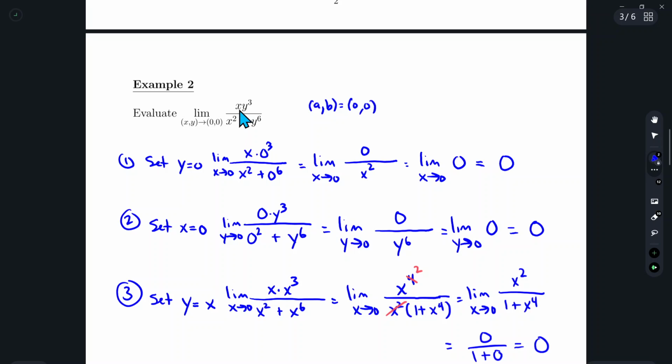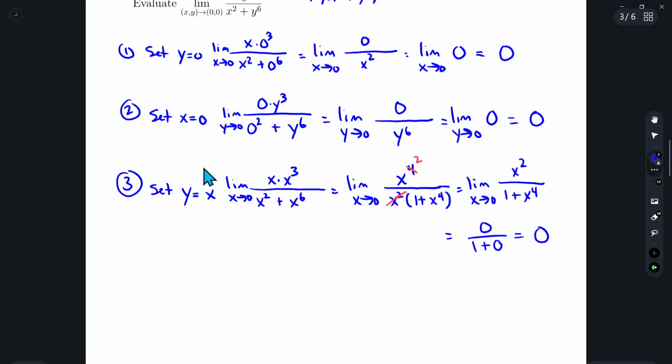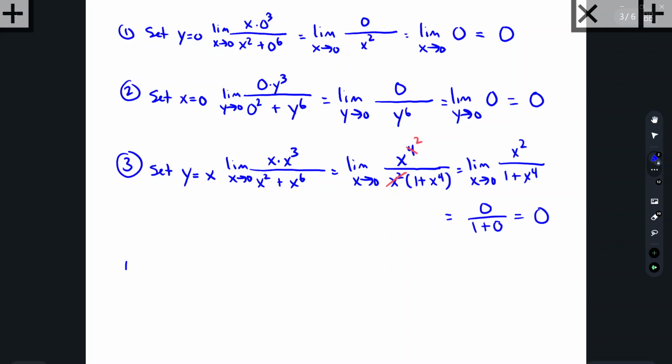If I make the substitution x equals y cubed, then on top you'll have y cubed times y cubed, which is y to the 6th, and on the bottom you have y cubed squared, which is also y to the 6th, and then y to the 6th plus y to the 6th is 2y to the 6th. So with that substitution, I can make it a single power on top and bottom with the same degree. That's what we're going to try.